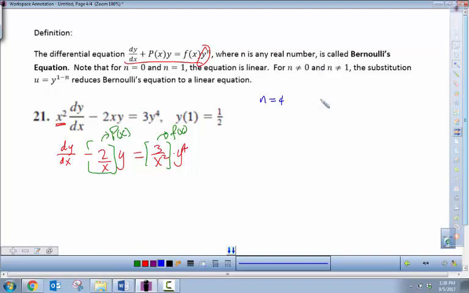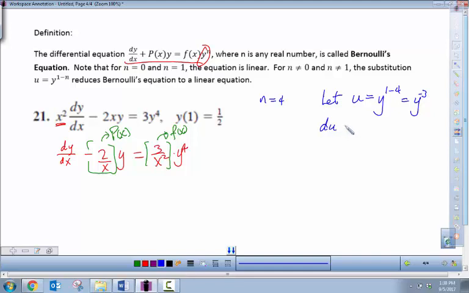And so my u-substitution is going to be y to the, let's see, what's 1 minus 4? Negative 3, right? So remember, whenever you do a substitution of sorts, you have to find differentials.